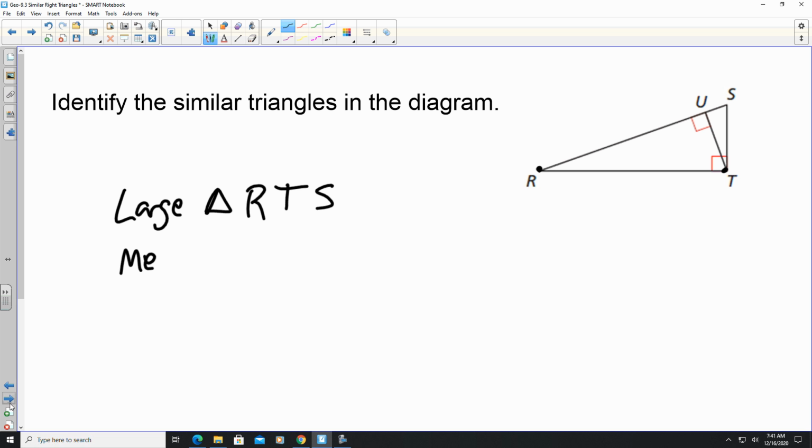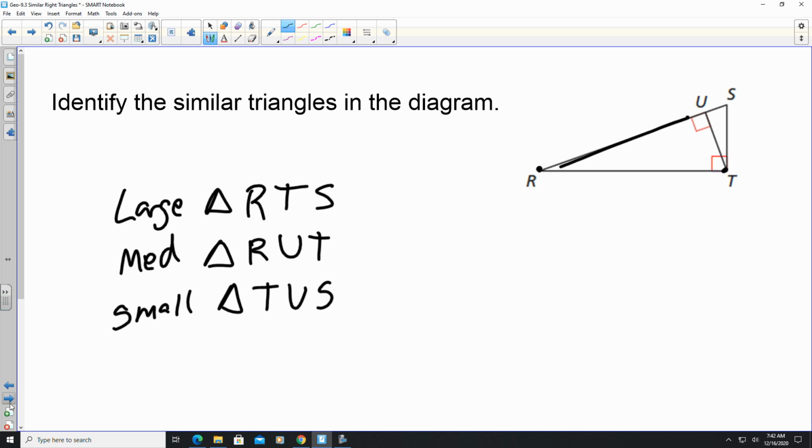Now if I look at the medium sized triangle, in that particular instance, since RT is the long leg in that one, I'm going to say that triangle is going to be RUT, because RU is my long leg in that particular triangle. And then finally looking at my small triangle, with respect to the long leg, it's going to be triangle TUS.